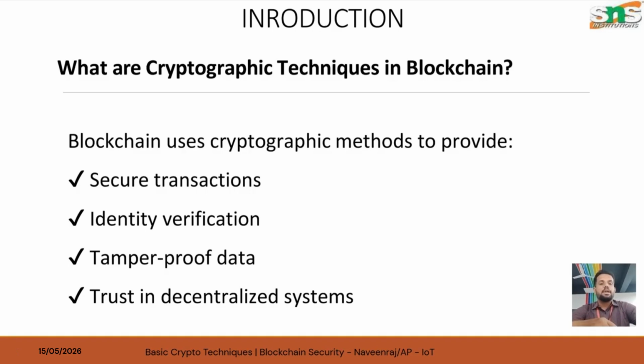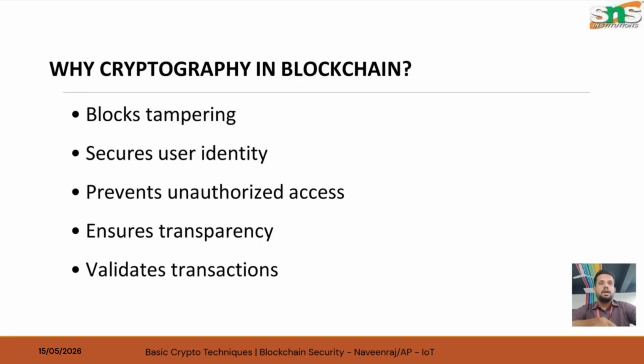Coming to the detailed cryptographic techniques, such as the hash function. A hash function converts input, whatever data it receives, into a fixed length output. The basic properties of hash functions are deterministic, fast computation, collision resistant, and avalanche effect.